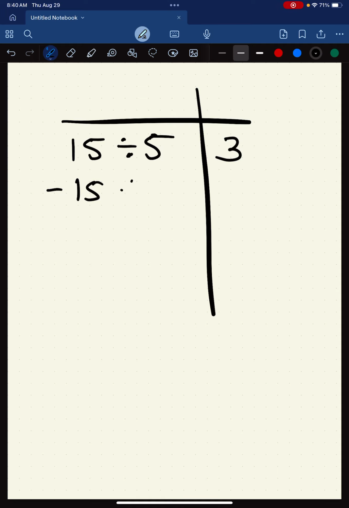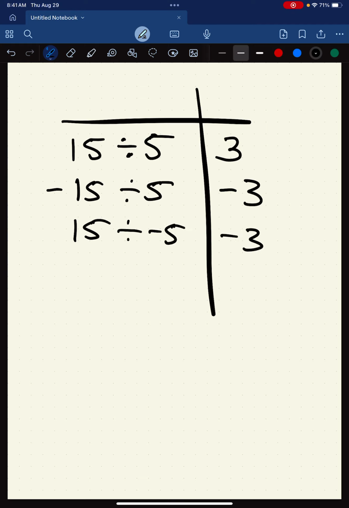Negative 15 divided by 5, you can go through a similar process, is going to be negative 3. 15 divided by negative 5, which is what we just did, was negative 3. And then negative 15 divided by negative 5. I put these in parentheses.